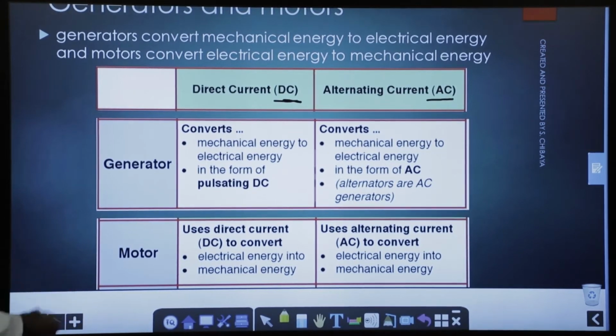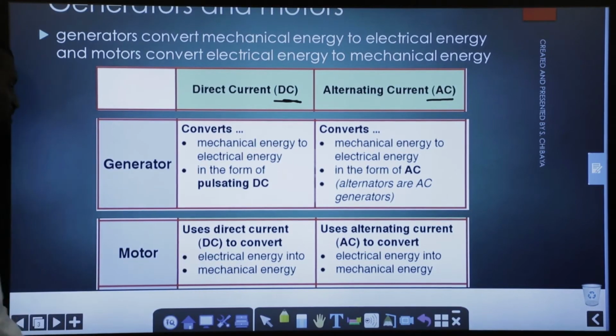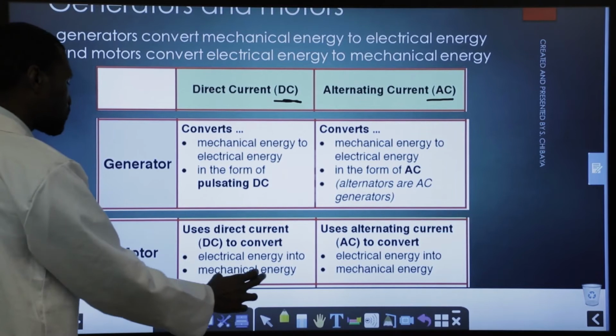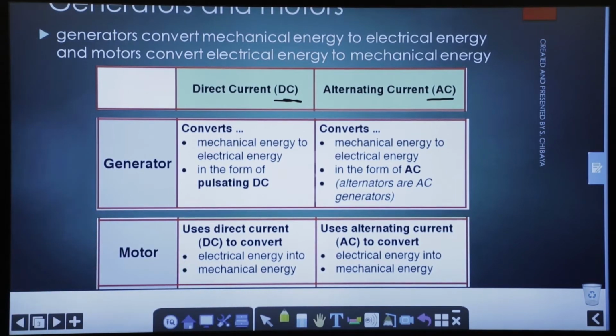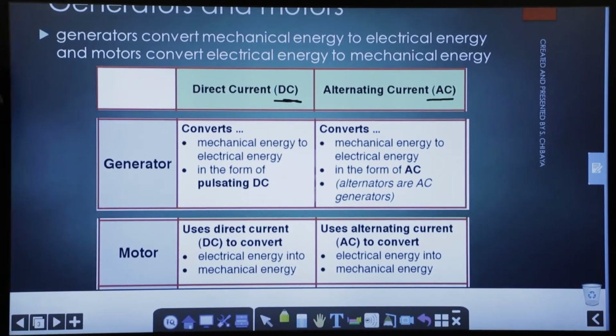Motors operate in the same manner. We have motors that use direct current to convert electrical energy to mechanical energy, and we also have alternating current motors that generally change electrical energy to mechanical energy. This must stick in our heads, and we must know it for the examination. That part actually comes from your exam guide.